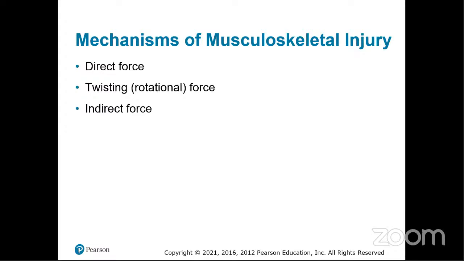So some mechanisms of injury when we talk musculoskeletal: direct force. If somebody takes a direct hit to the side of the knee, that would be your direct force.